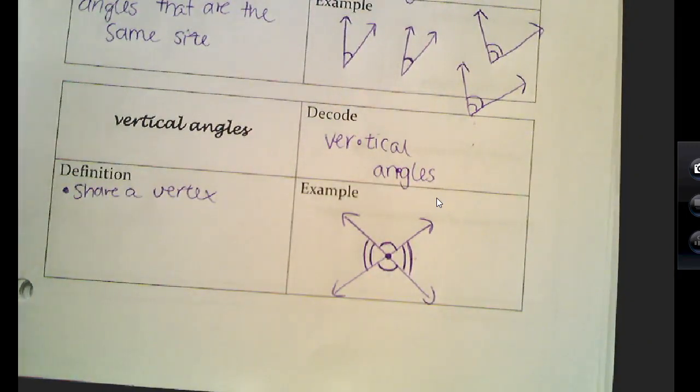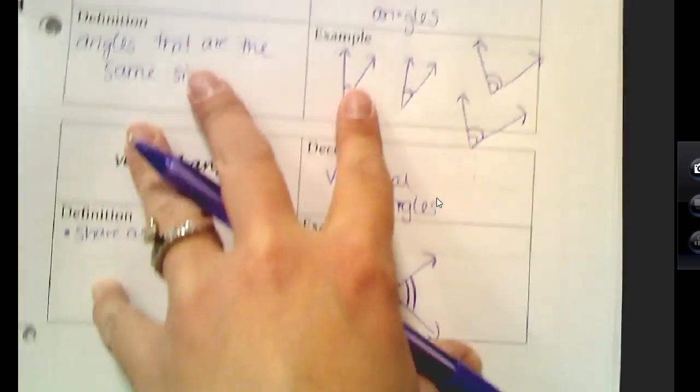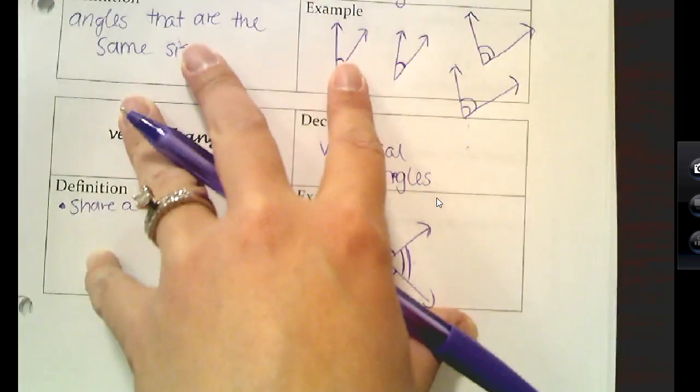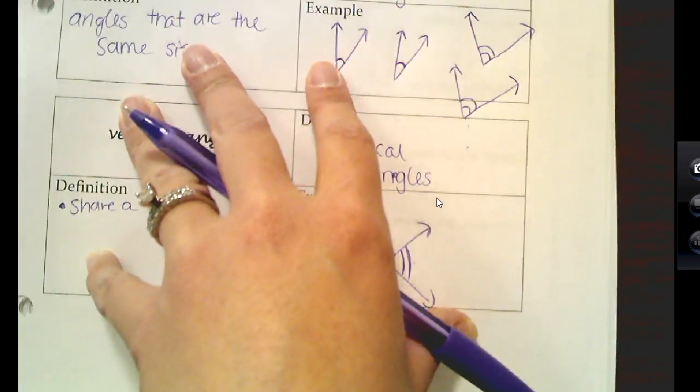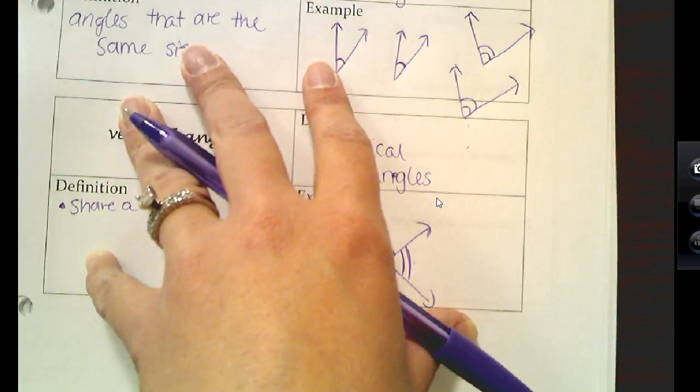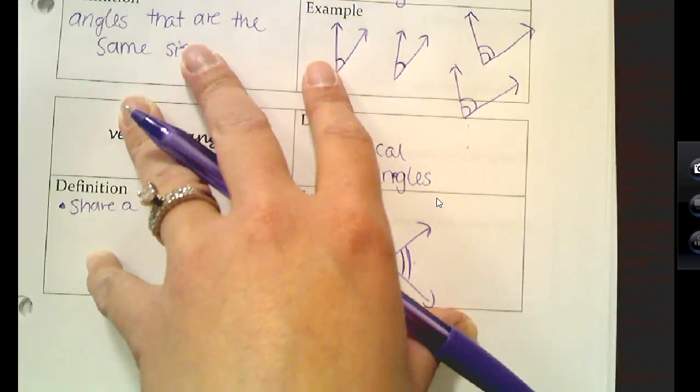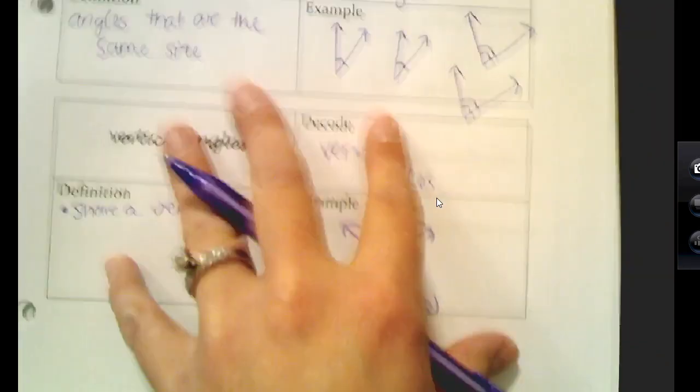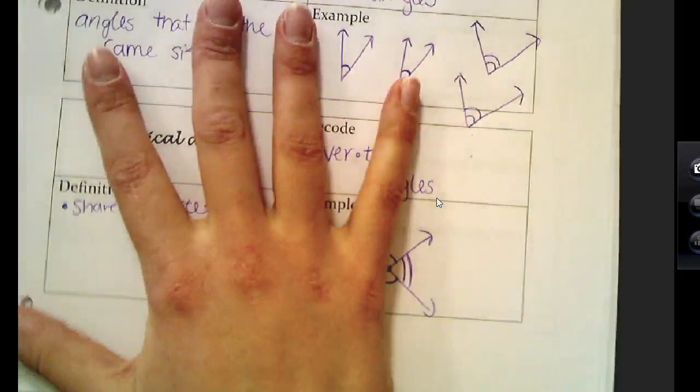This is geometry, man. This is geometry. You're going to take a whole class in high school that's about geometry. And this that we're going over right now is going to help you tremendously. In fact, Mr. Twilliger at our PLC the other day complimented me because he said that his 9th graders this year that are in geometry, when he went to go over angles, this is only the second year that I've taught this unit.